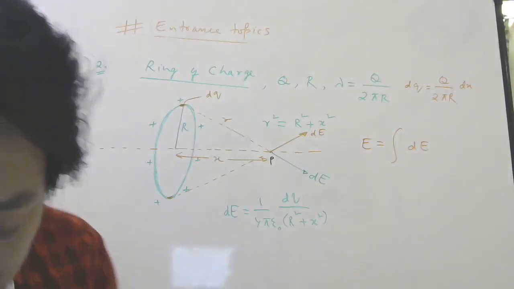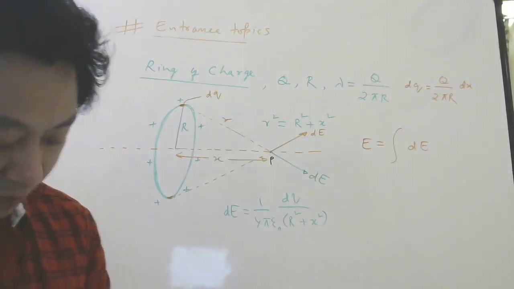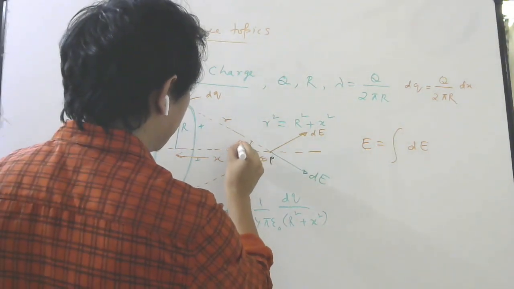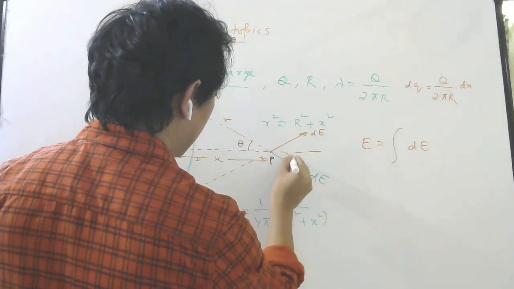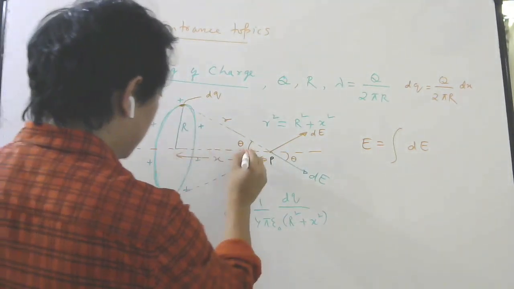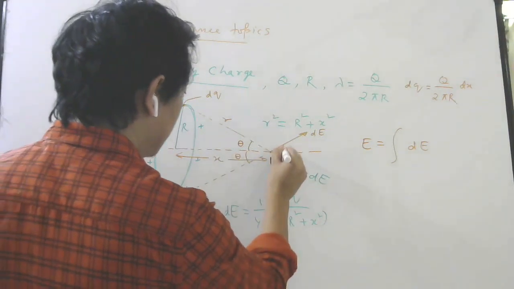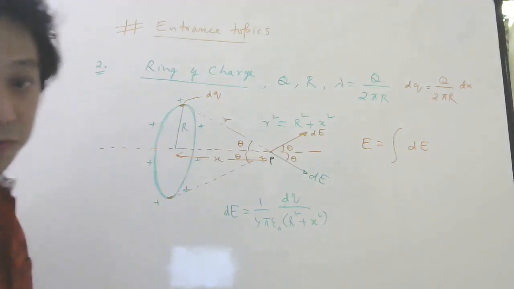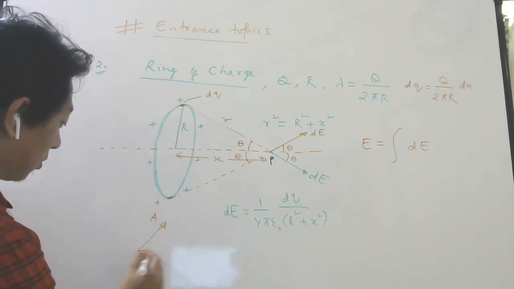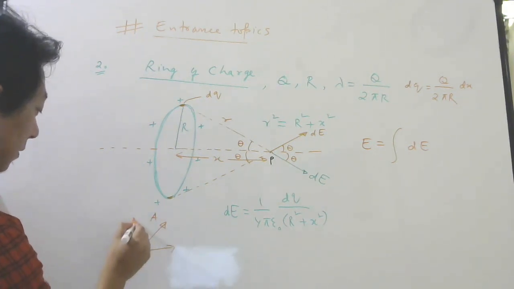So here comes the knowledge of vectors. You have to take components. So let us say this is theta. Then what will be this angle? Theta. And by symmetry, you know this is r, this is also r, so this also will be theta. You know from first PU knowledge that any vector A bar will have two components, right?